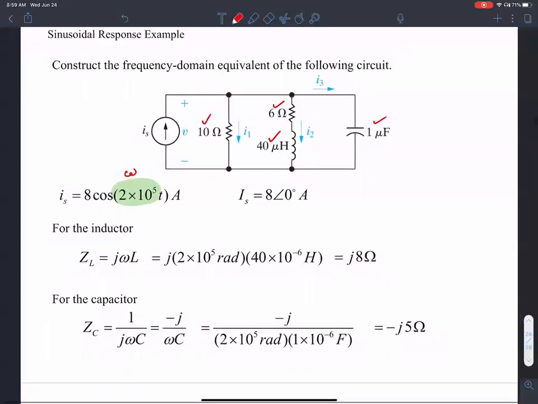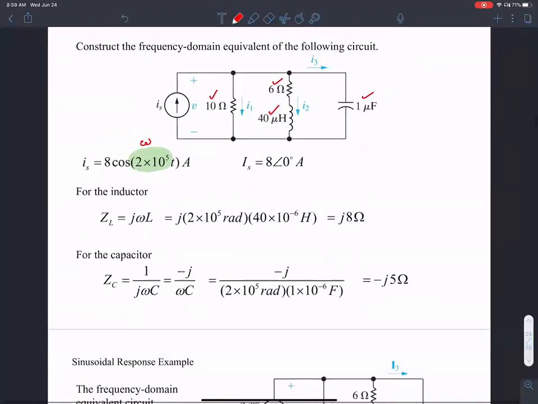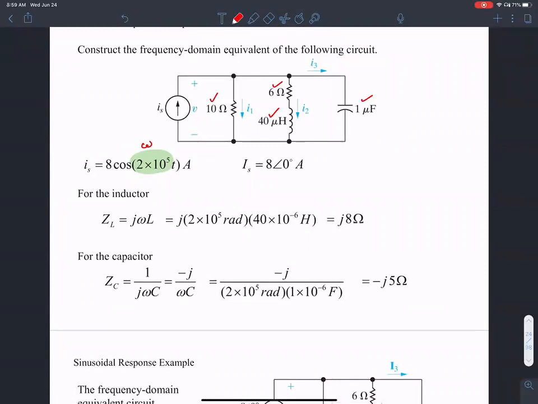Now, if I am converting this circuit to the frequency domain, the resistance is not going to change. This resistance will also be the same.